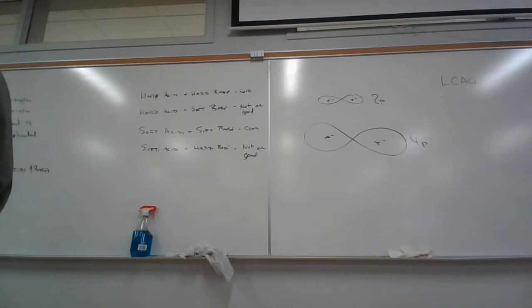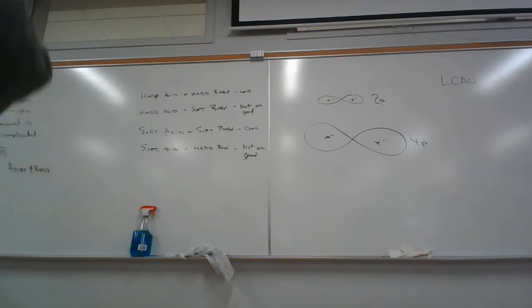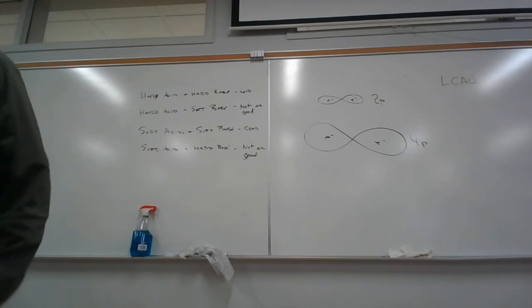In valence bond, an orbital overlap forms a bond. So we take an atomic orbital on one atom, an atomic orbital on another atom, and overlap them, we get a bond. And so we retain the atomic orbitals and just overlap them. In molecular orbital, what happens is LCAO.